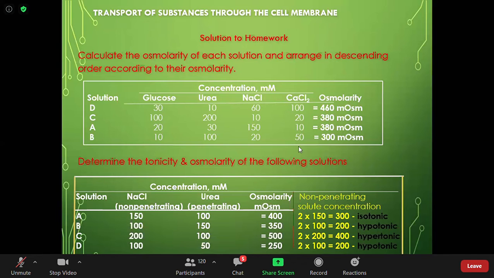You arrange it from the highest to the lowest, or from the lowest to the highest. Okay? Just try to check that.